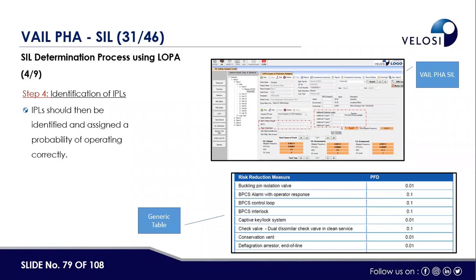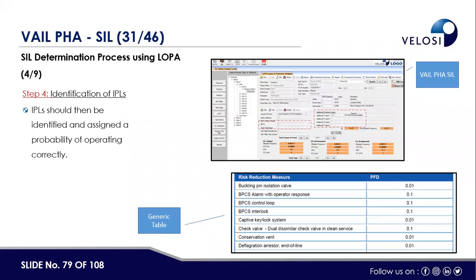For example, we have a BPCS control loop independent of the initiating event, or we have the BPCS interlock, or we have a captive key lock system. Each will have its own PFDs. For example, we have an independent SIF as a safeguard. It will have its own PFD value.